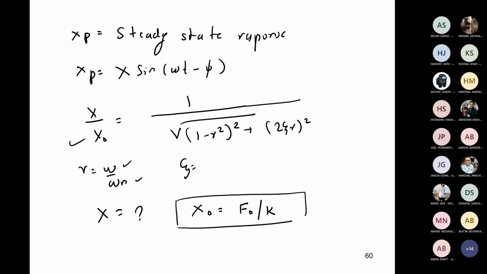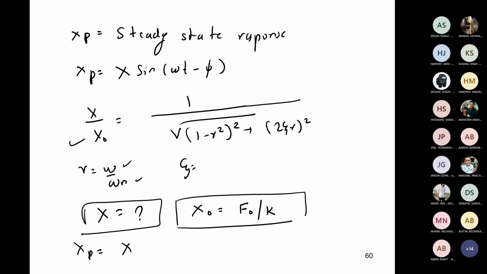All right, so x you will be able to find out, and so this will give you the equation of the particular integral. That is x into sine omega t minus phi. What will be phi? How to calculate phi?